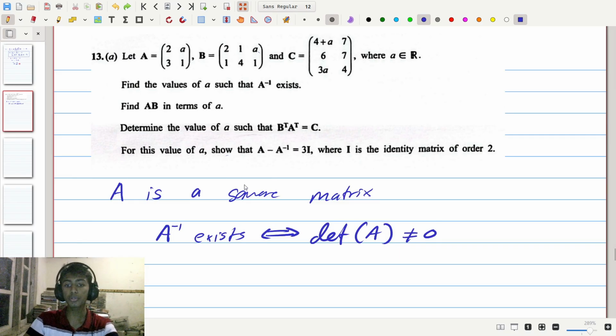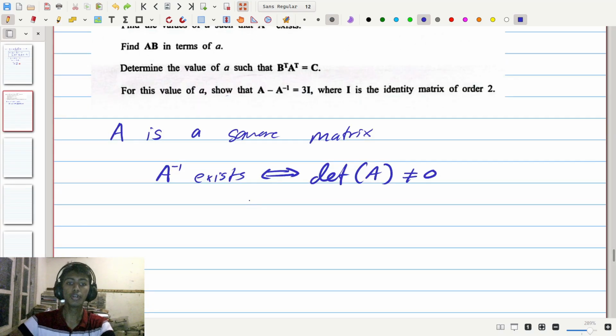So now what we need to do is to find det A, the determinant of the matrix A, and see when it's not equal to 0, and for those values of a, we can say that the A inverse matrix exists. So in this case, for a 2 by 2 matrix, the determinant of that matrix is the first value multiplied by the last value minus this value multiplied by this value.